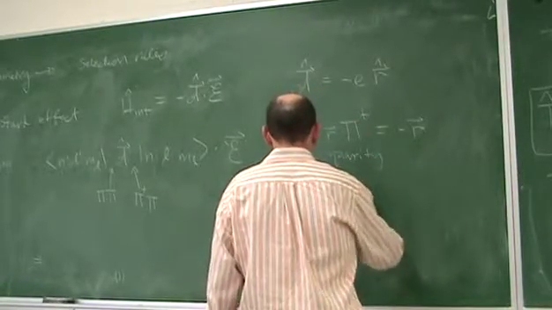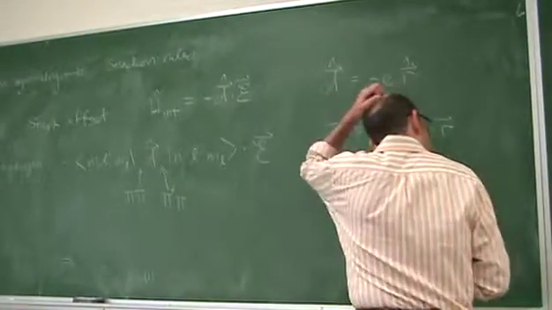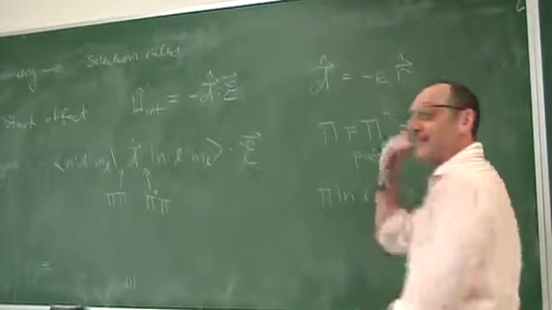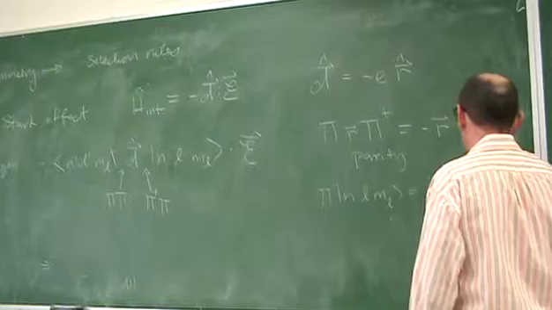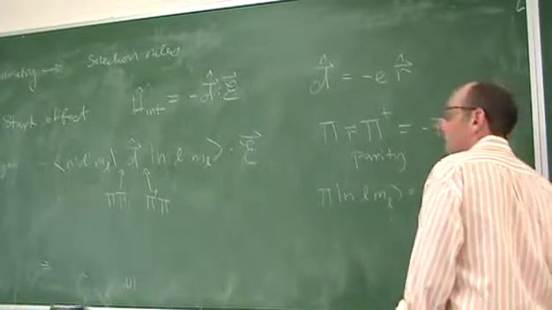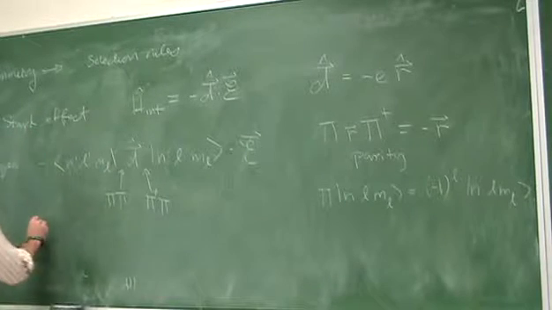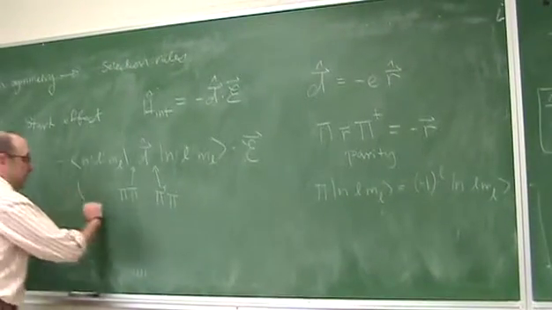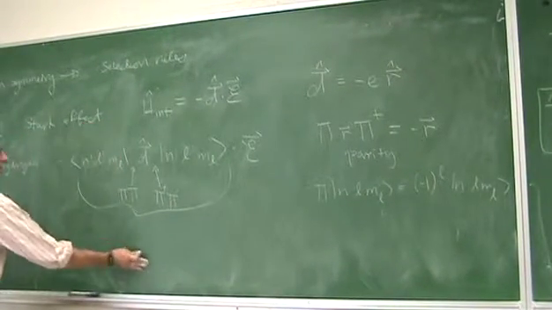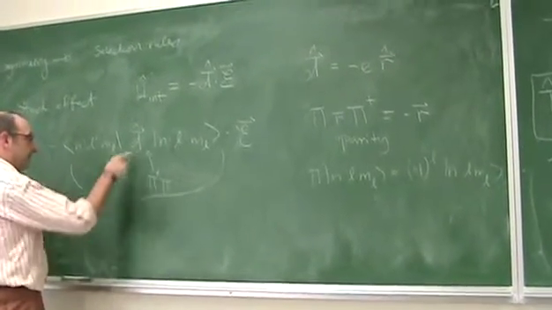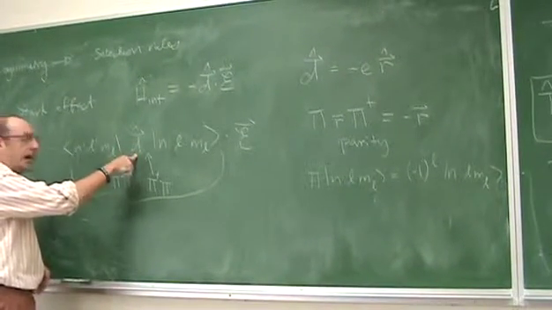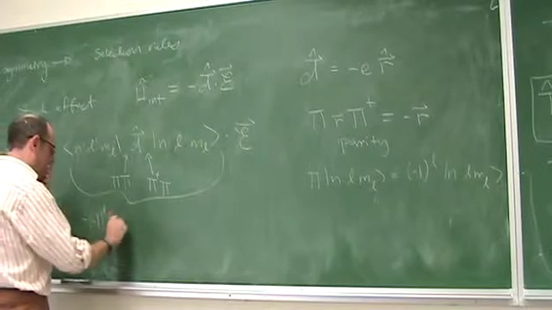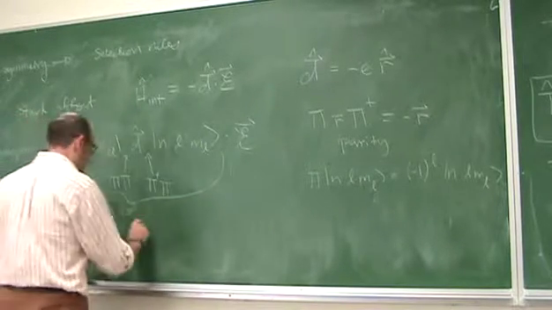We know that these objects are proportional to spherical harmonics, and when I take r to minus r, we get minus 1 to the L. This matrix element is equal to minus, because the dipole operator is odd under parity, times minus 1 to the L, times minus 1 to the L prime, times back to the same thing.